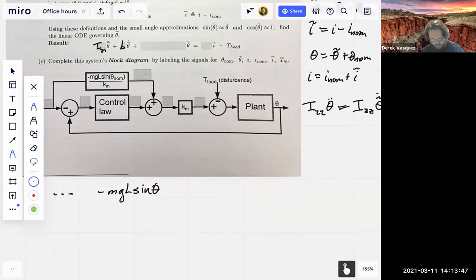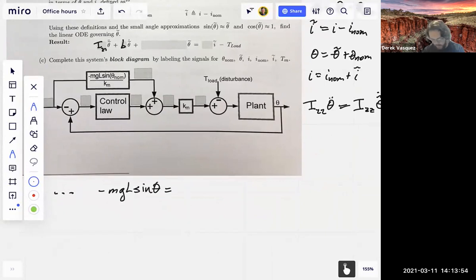So I'm going to say dot, dot, dot. Those are our higher order terms, minus mgL sine theta. And that's equal to km I minus T load, right? And so we're going to make our substitutions here.